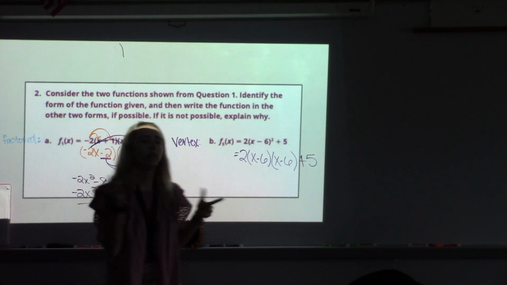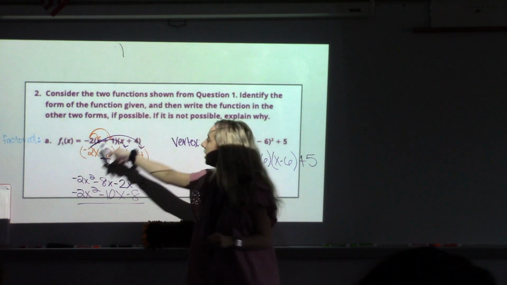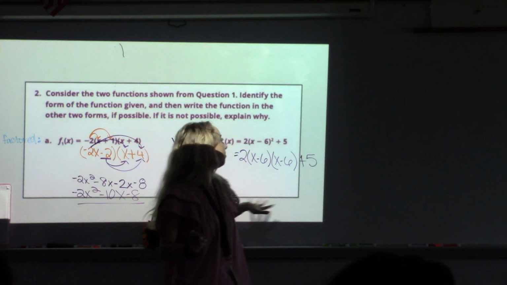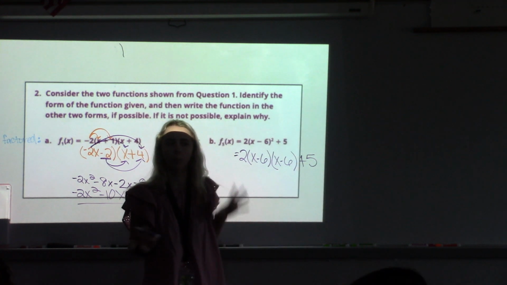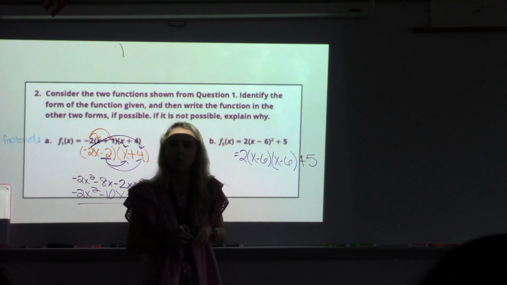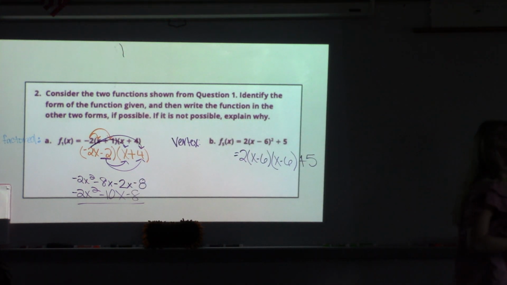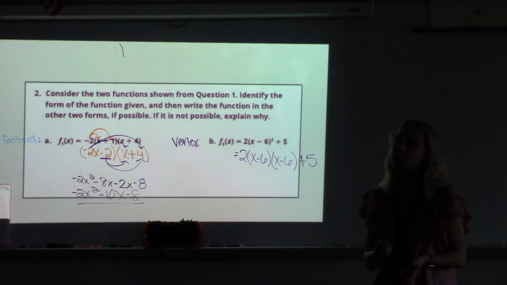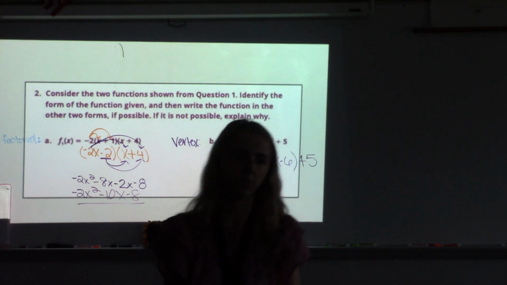Okay, so now take a few minutes, look at how we did, reference how we multiplied here, simplify this and try to get this equation into standard form. Remember you're multiplying everything in the first set of parentheses times everything in the second set of parentheses.